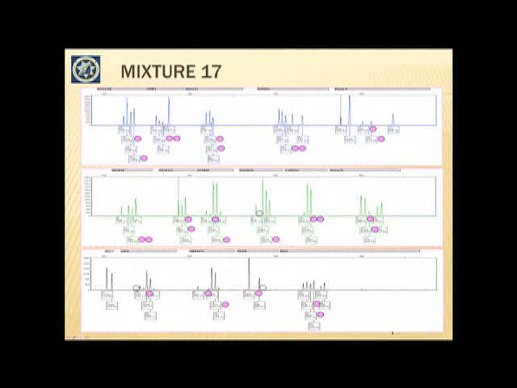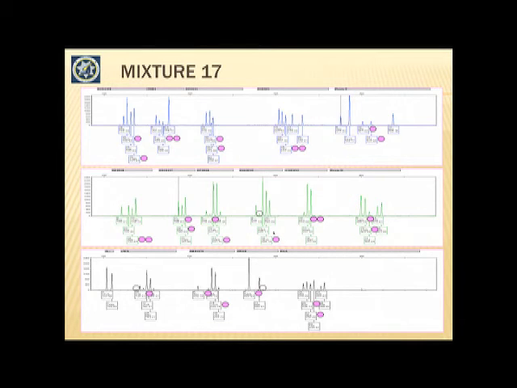Now, what you can also see is I have 3 examples here at VWA, TPOX, and D16. I've got a peak that is in a stutter position that's consistent with that non-contributor to the mixture.